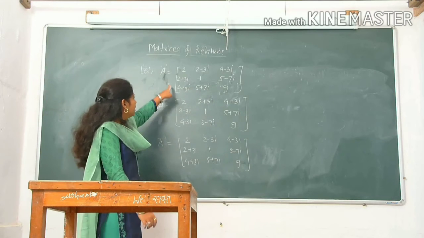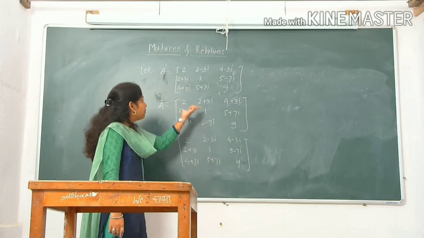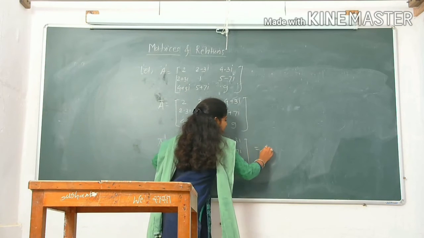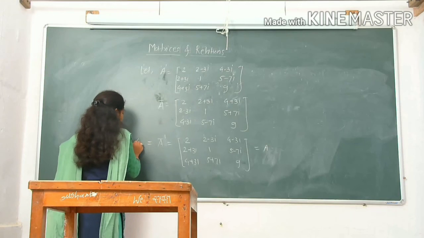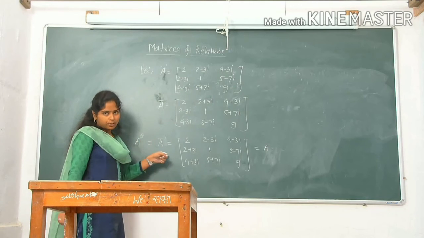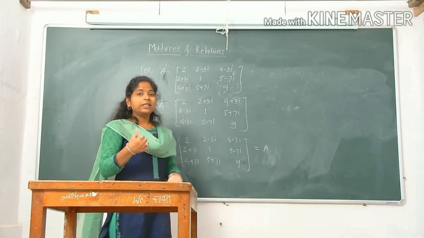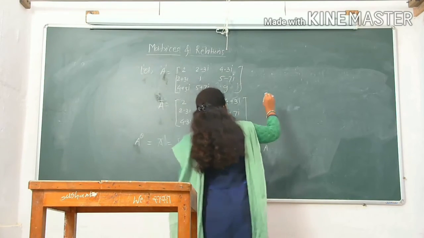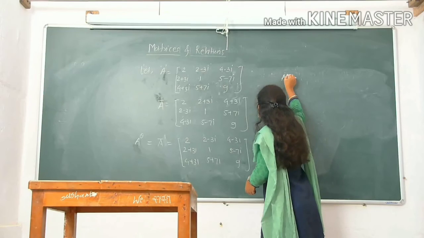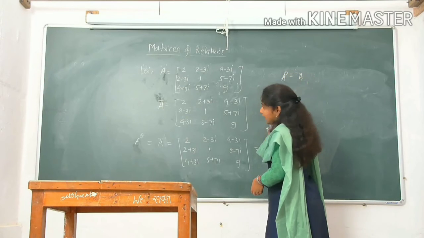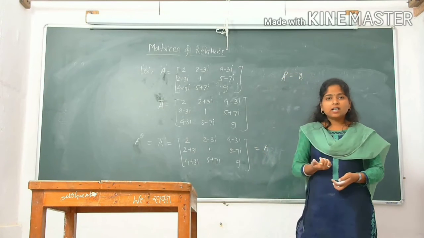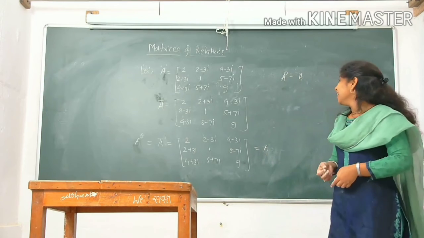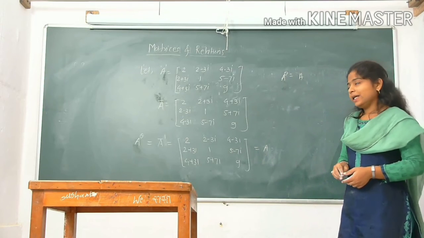But see here, this matrix is the same as our matrix A. And this is our A raised to theta, that is the transpose of the conjugate of the matrix. That is, if A is a Hermitian matrix, then we have A raised to theta equal to A.